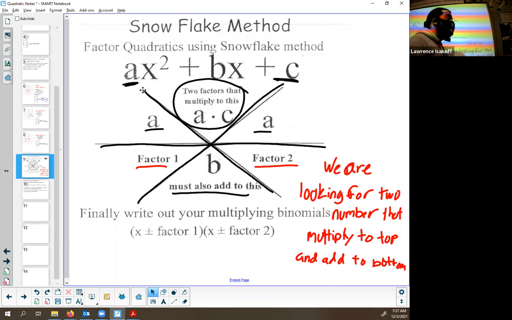And when A is bigger than 1, it's a little bit of a pain in the butt to factor. However, the snowflake method takes a good amount of the guesswork out for when A is greater than 1 and actually makes life a lot easier for us.